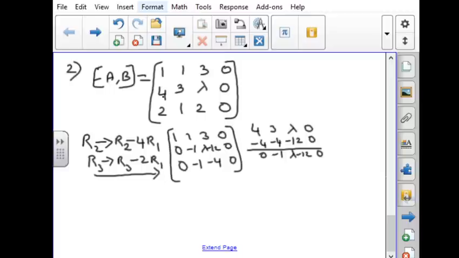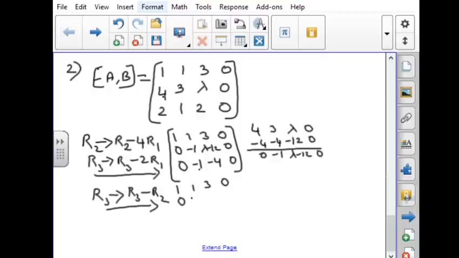So now we have to make this element 0. So to make this element 0, R3 is R3 minus R2. So minus 1 we have, so minus of minus becomes plus, and so we get 0. First row write as it is 1, 1, 3, 0.